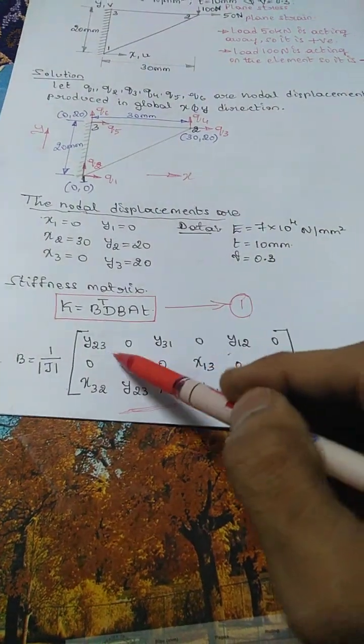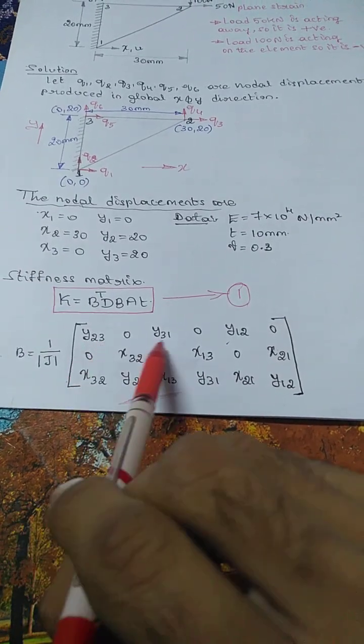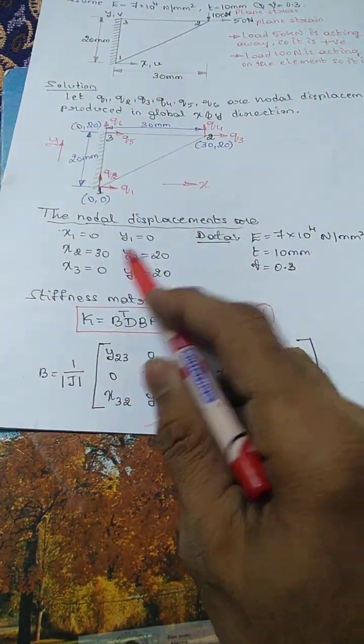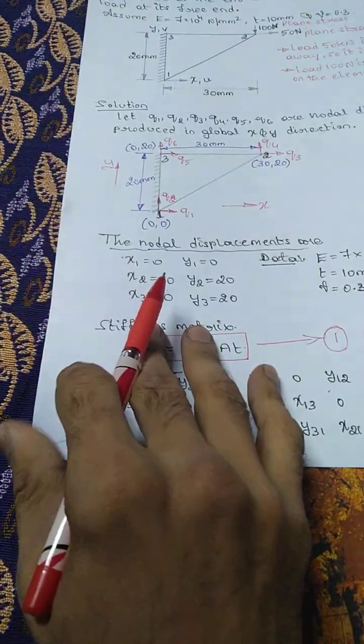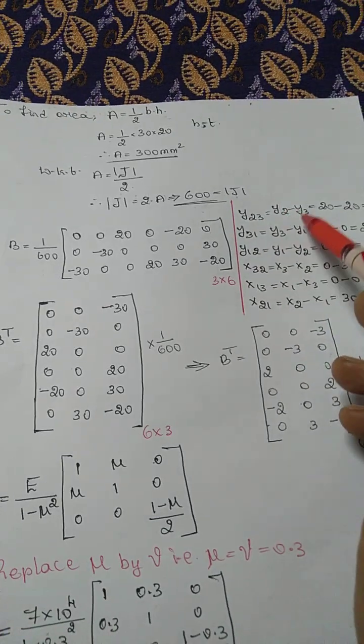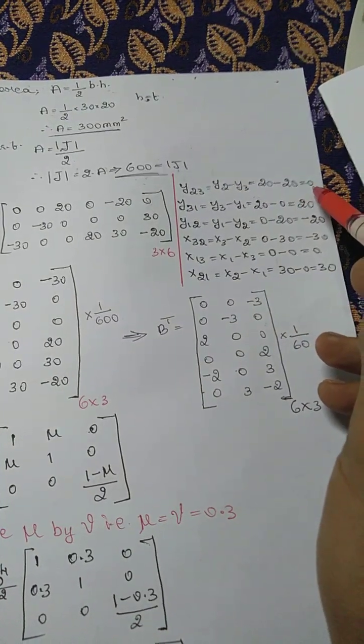Here they have given this matrix with y23 and so on, so we have to substitute accordingly. Remember these values. See, y23, that is y2 minus y3, is equal to 0.